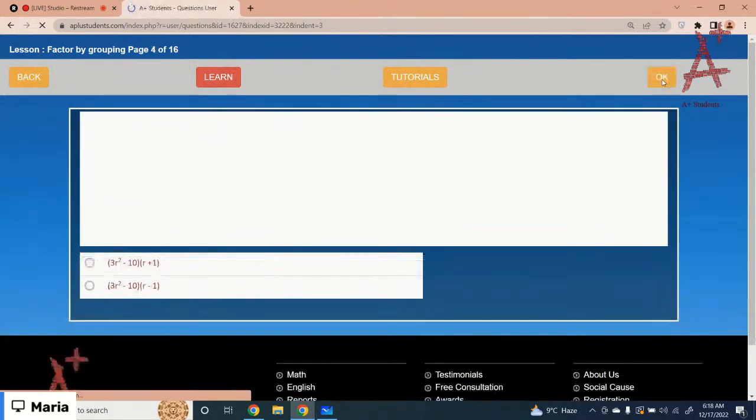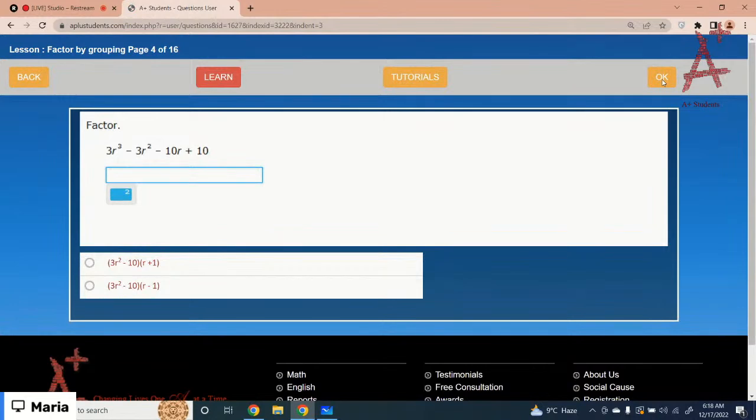If you have any question, you can ask question. Okay, which of the option is the correct one, the first one or the second one? Which option is the correct one?